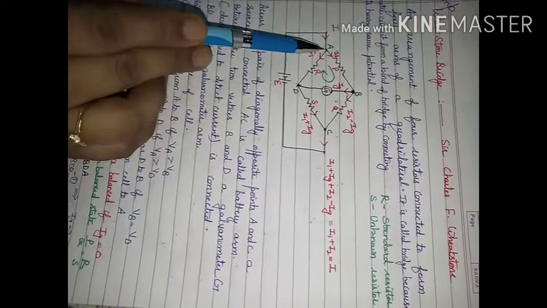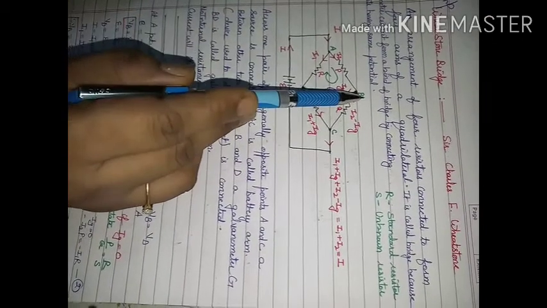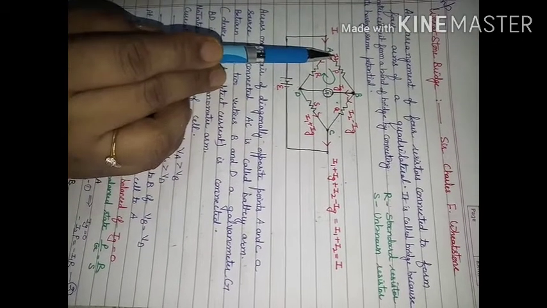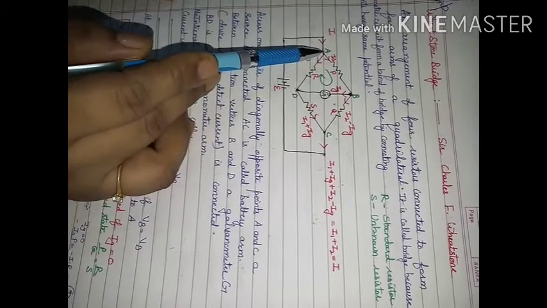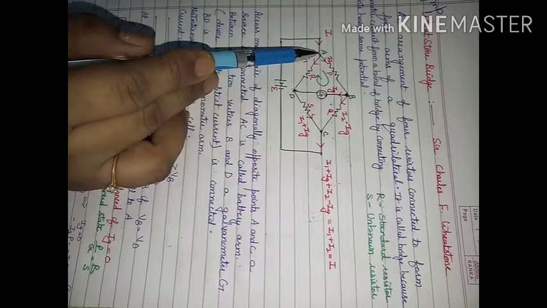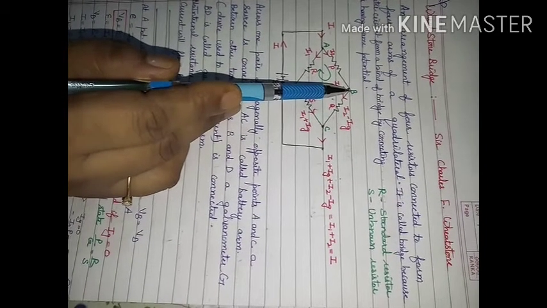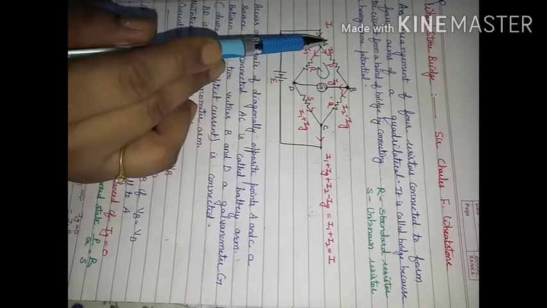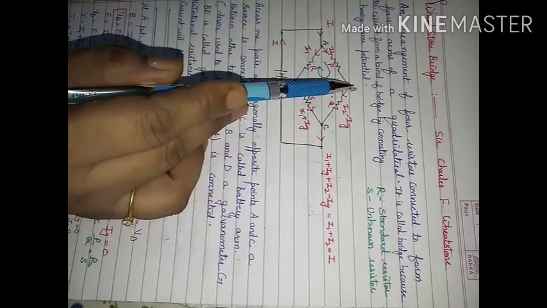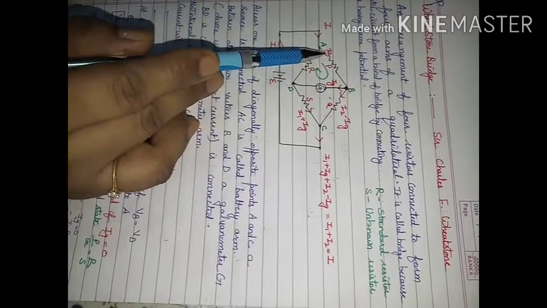Let us consider along AD I1 current is flowing and along AB I2 current is flowing. See, current will flow from A to B if potential at A is higher and potential at B is lower. So if I will consider 5 volt is here, then 3 volt will be here, then 2 volt potential drop will be across this resistor.